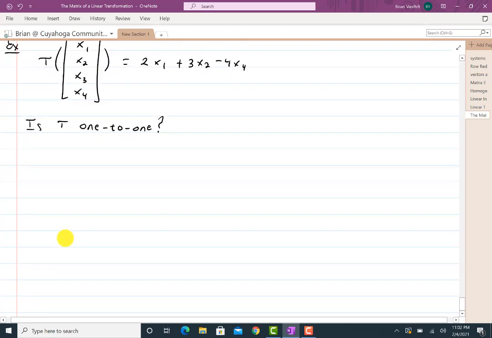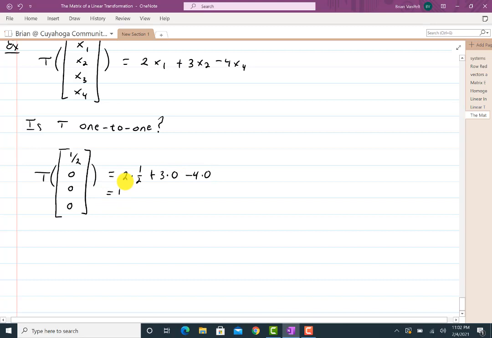If you take a look at this vector, T of 1/2 with all zeros after it. According to the formula, that's 2 times 1/2 plus 3 times 0 minus 4 times 0, which equals 1.